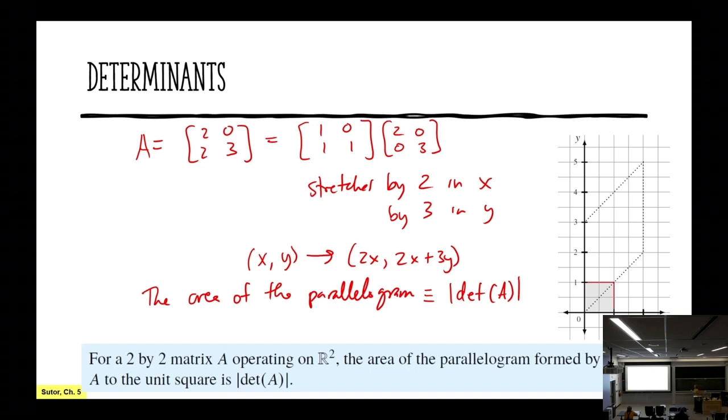But that's only really convenient when we're dealing with a 2x2 matrix. When we start dealing with higher order matrices, it's not really practical to visualize it in a Cartesian plane.